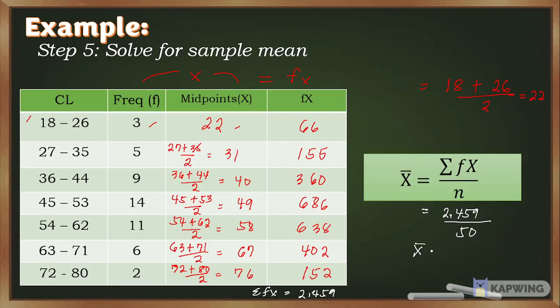So, our x bar is equal to 49.18, or 49 years old. Therefore, the mean age of the frequency distribution of the people taking the travel is 49 years old.